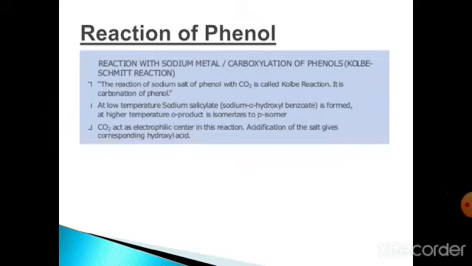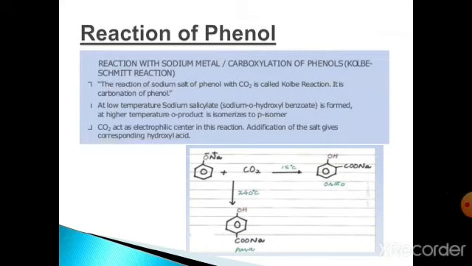At low temperature, around 15 degrees centigrade, ortho sodium salicylate is produced, whereas at very high temperature, para sodium salicylate is produced. In this reaction, first phenol reacts with sodium hydroxide. It is converted into sodium phenoxide ion.